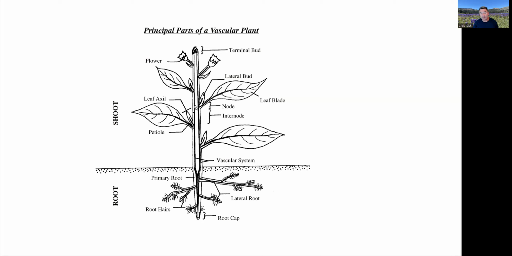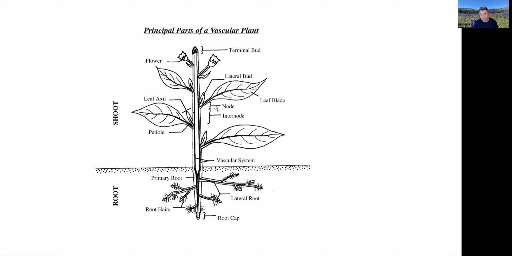But where there's a node, this is a leaf node, and that is where a leaf comes off of the stem. Now, the internode is the space along the stem between each node. So between the nodes.